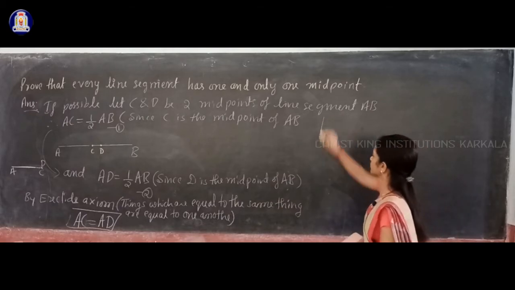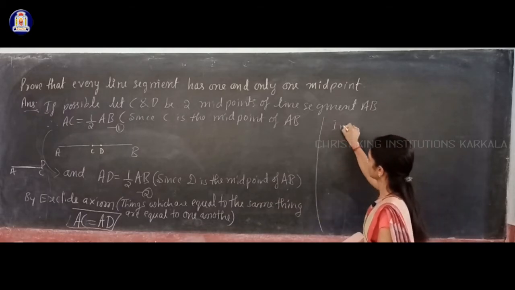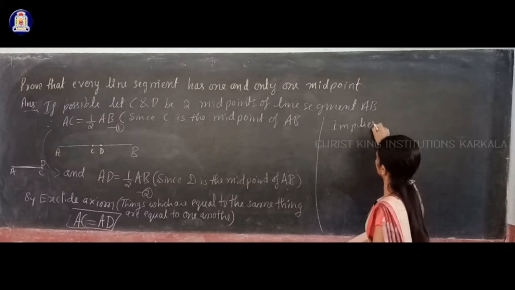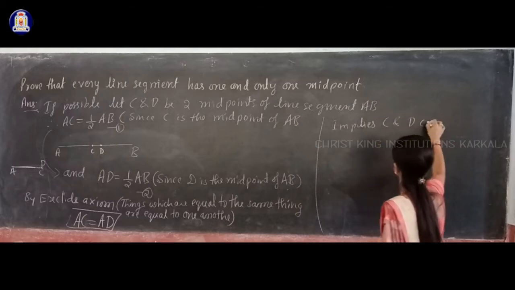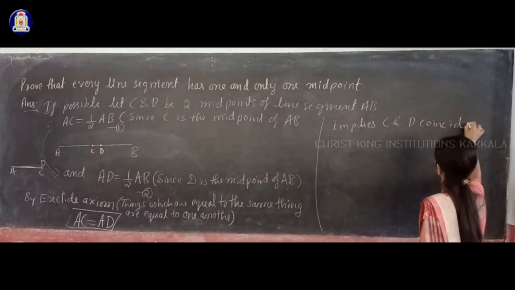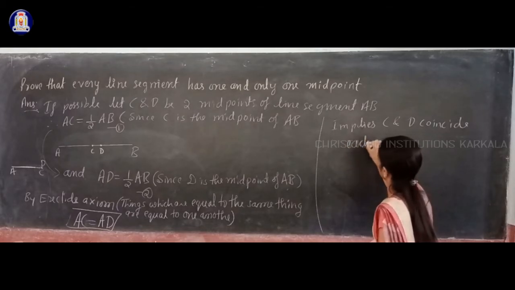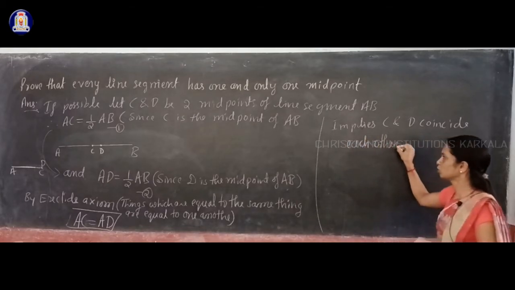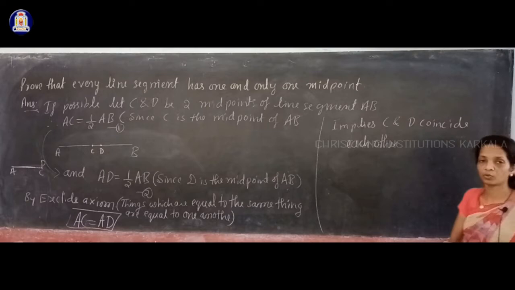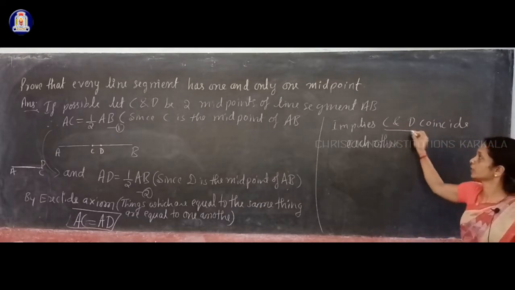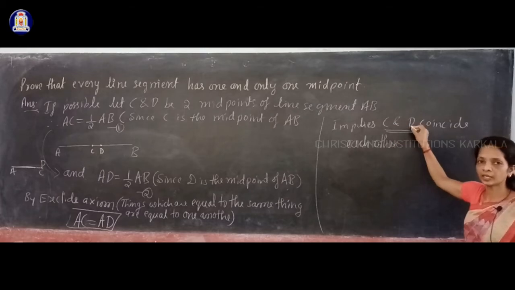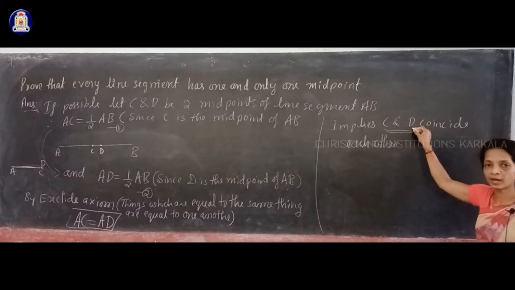From this we can say C and D points coincide each other, and we have one more Euclid's axiom: things which coincide with one another are equal to one another. By using that axiom, we can say C and D are equal. Why? Because C and D are coinciding.